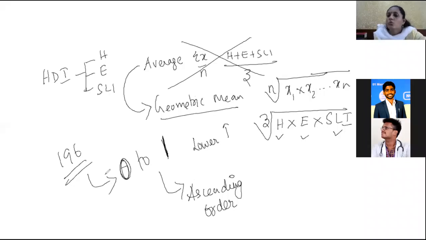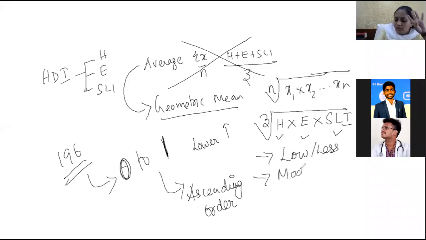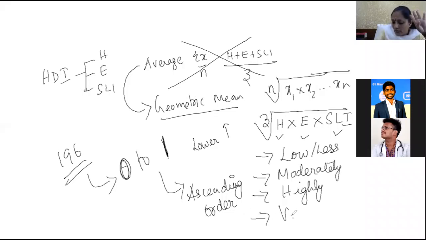Then we are going to call the countries by 4 names by dividing them equally into 4 groups. What are the 4 names? Low developed countries or less developed countries. Second category is moderately developed countries. Third category is highly developed countries. Fourth category is very highly developed countries.